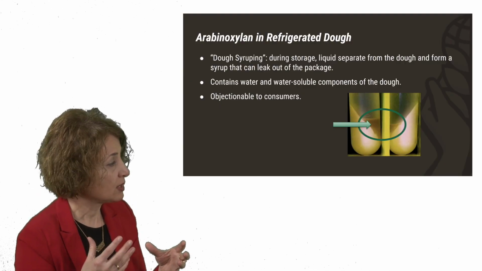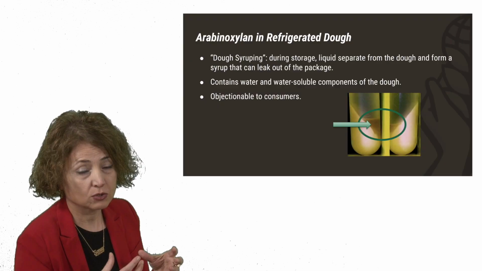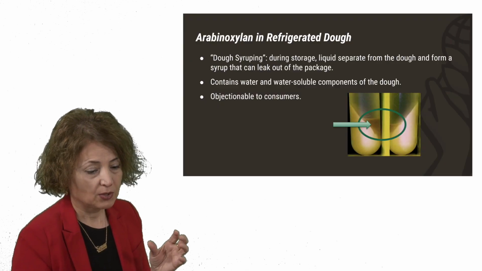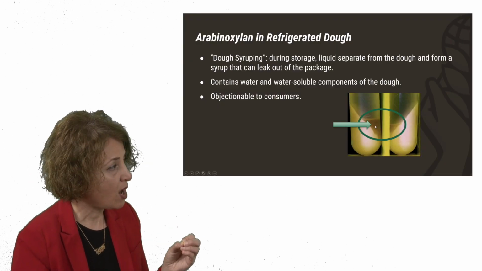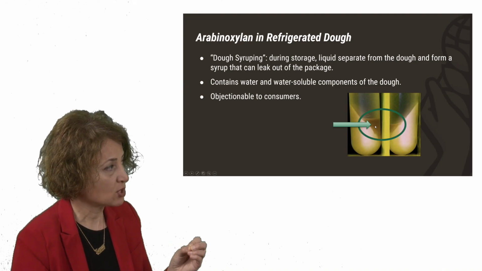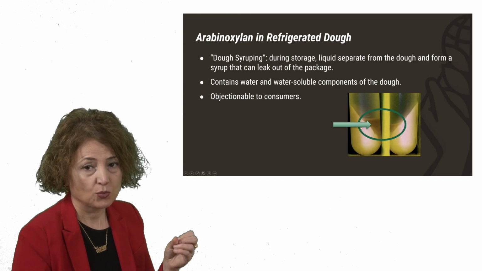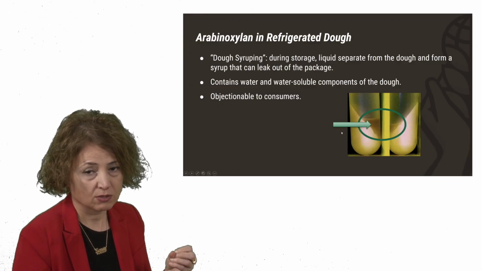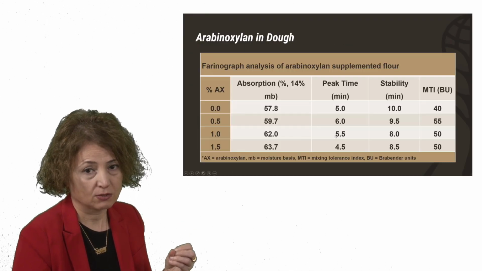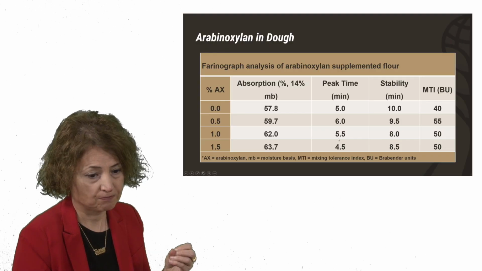And that water is called dough syruping because there is a dark brown liquid formation, sometimes even visible by the consumers. So we want to control that water, and understand why we have that in refrigerated dough formulations.